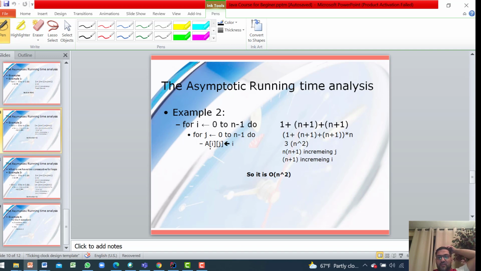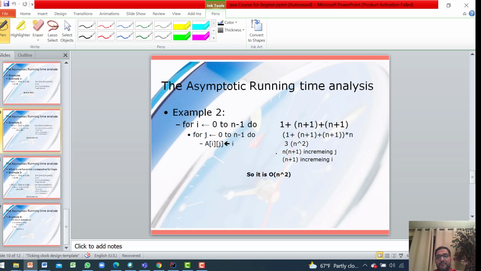And when I come to this operation, I have two assignments, two indexing plus one assignment, which is 3, multiplied by n again, and inside this is another n, so n multiplied by n, which is n squared.